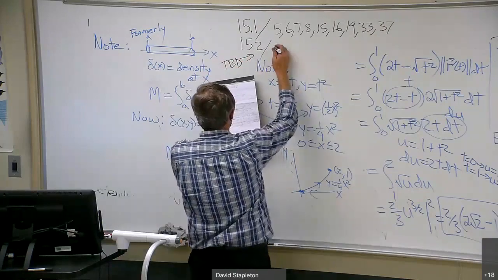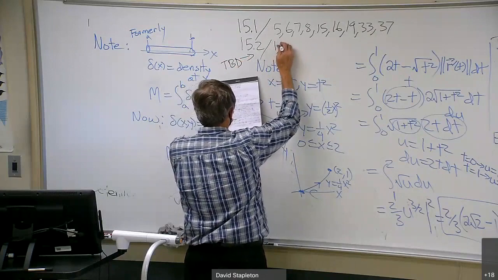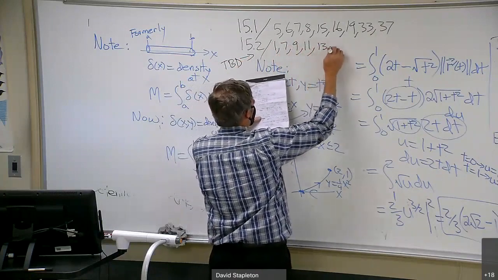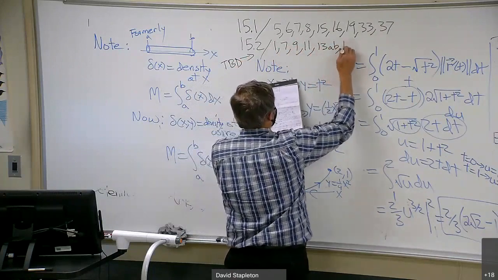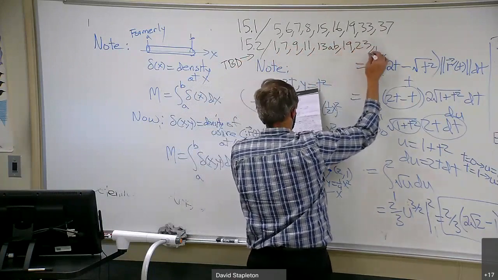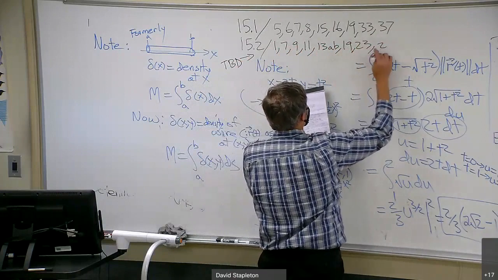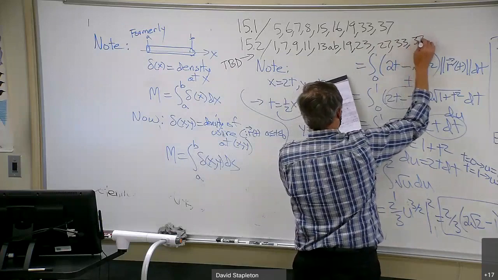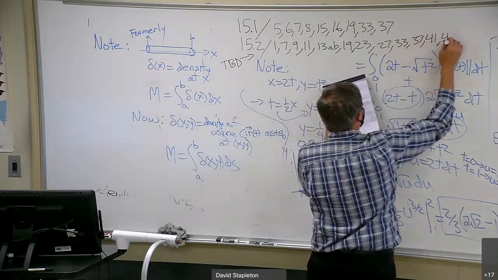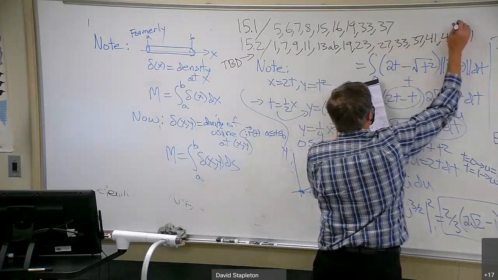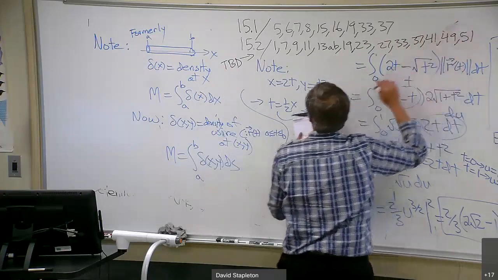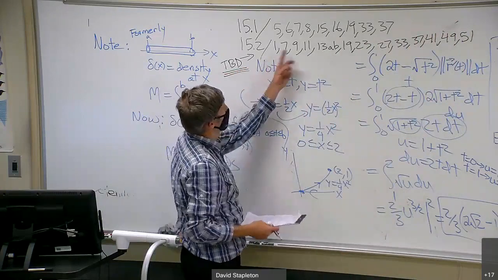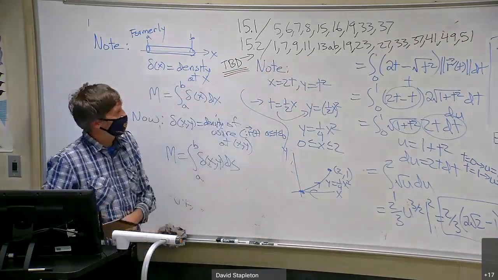But 1, 7, 9, if you want to work ahead. 11, 13 a b, 19, 23, 27, 33, 37, 41, 49, 51. These whole things are yet to be done. We're probably going to have to do two of these or so far. But if you want to look ahead, there's more.